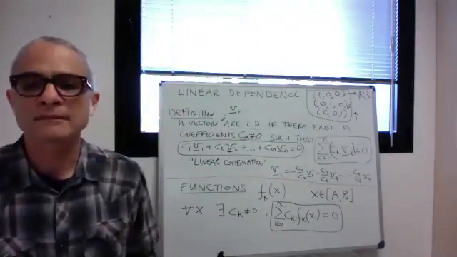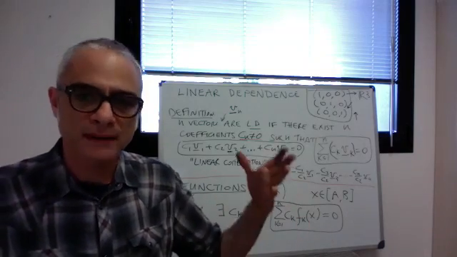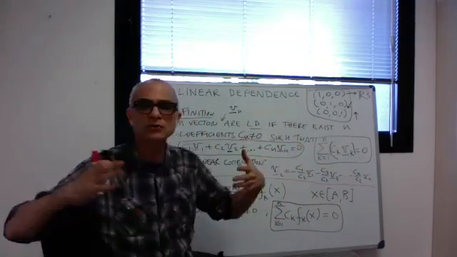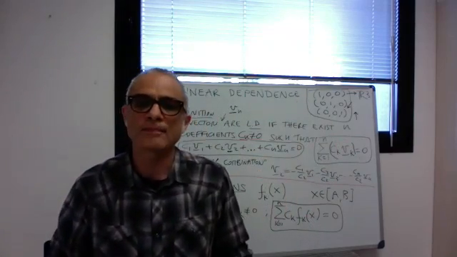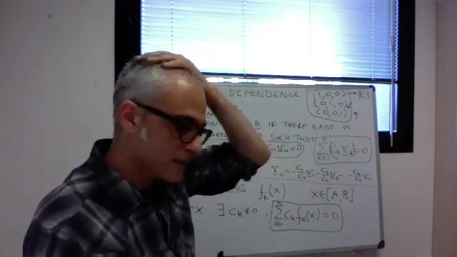And then you can write any other vector in the 3-dimensional space as a combination of these 3 vectors. That's what you do when you indicate the coordinates of a point in space.